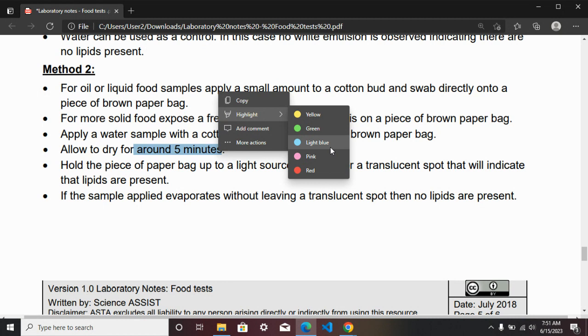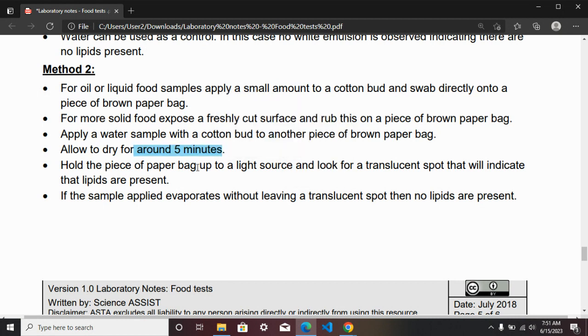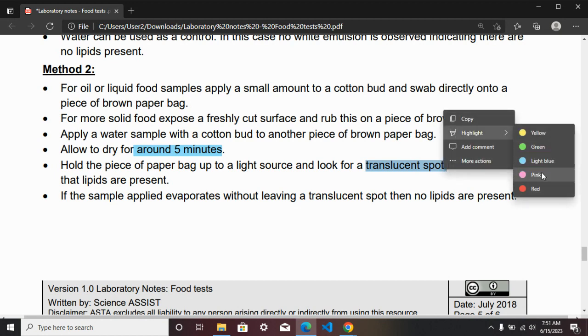Then hold the piece of paper bag up to a light and look for a translucent spot that will indicate the lipids are present.